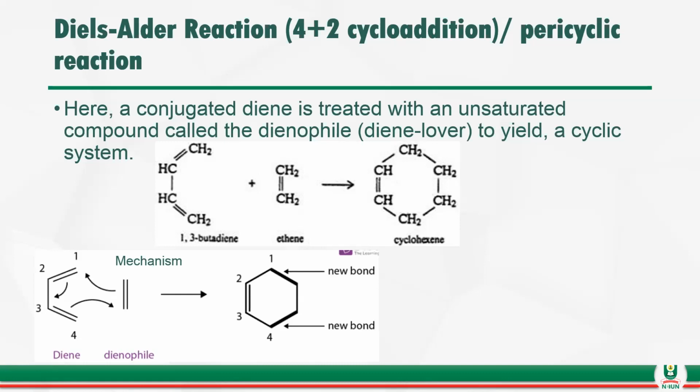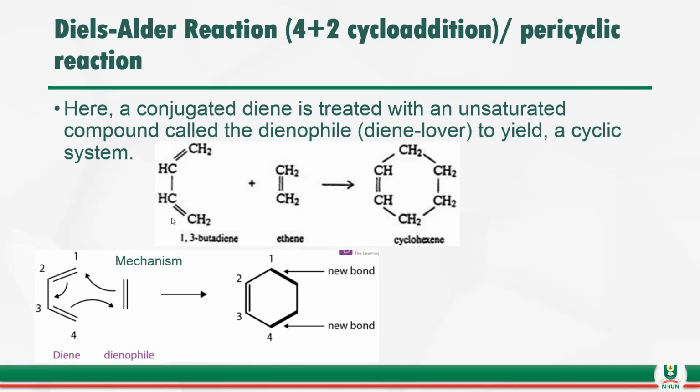A conjugated diene, a diene contains at least 2 carbon-to-carbon double bonds. We have discussed this. A conjugated diene and a dienophile. A dienophile is a diene lover. So a dienophile wants diene, and diene has the capacity of reacting with dienophile.